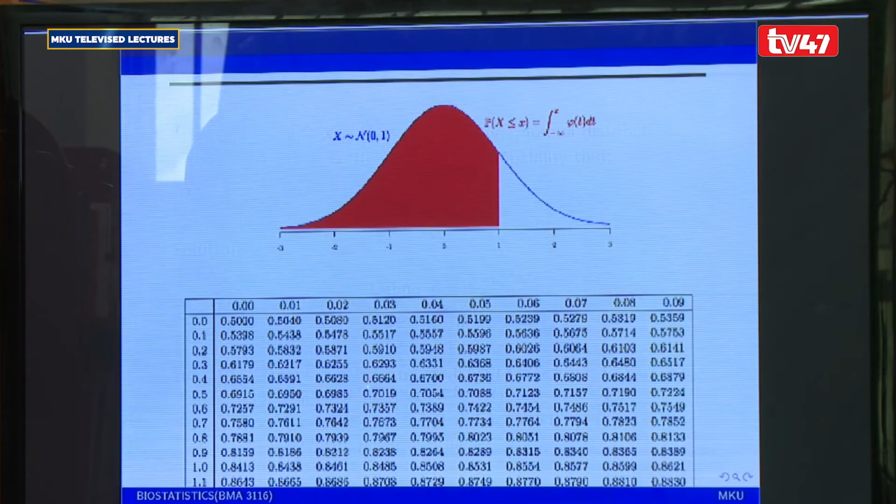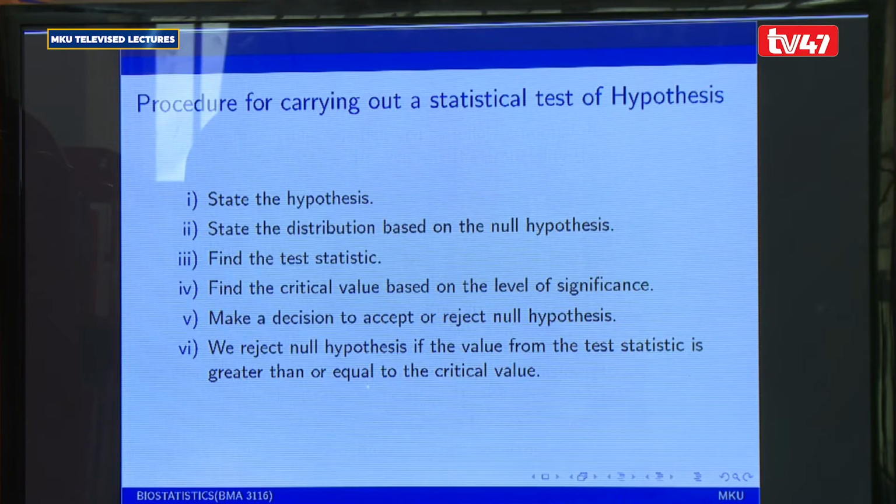Now, we look at the procedure involved when someone is carrying out a test of hypothesis. 1, you state the hypothesis. Stating the hypothesis includes stating the null hypothesis, that is what we labeled H0.